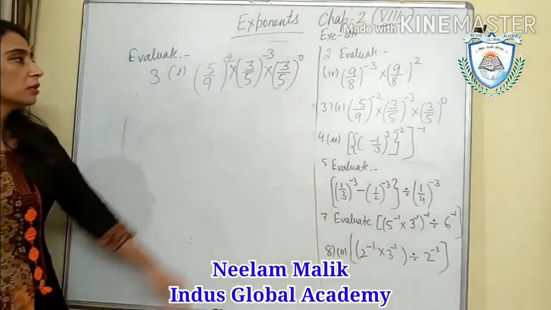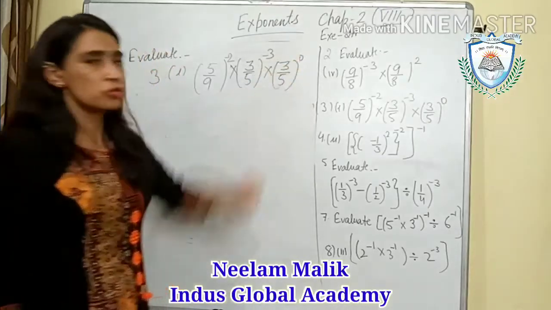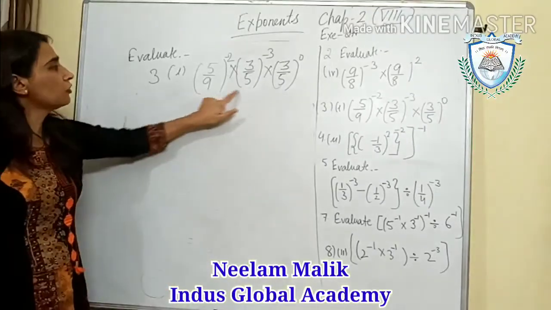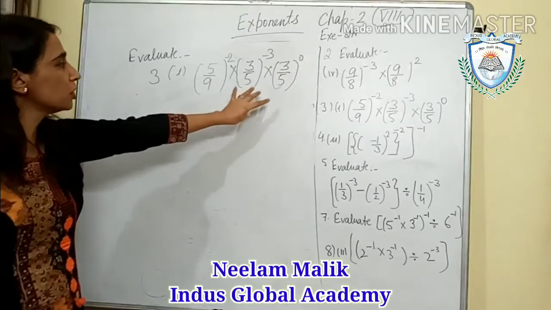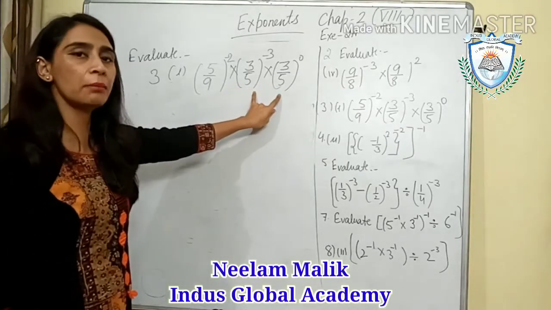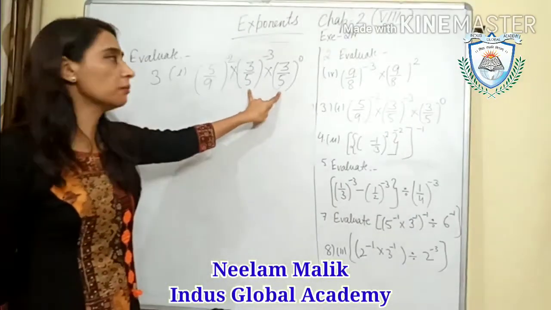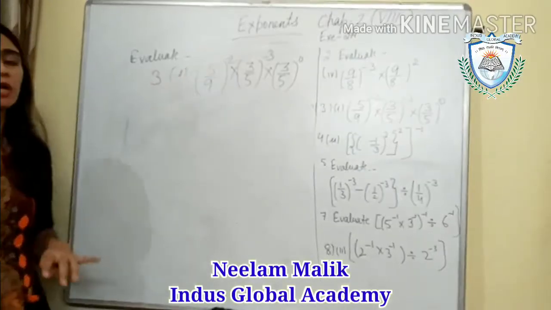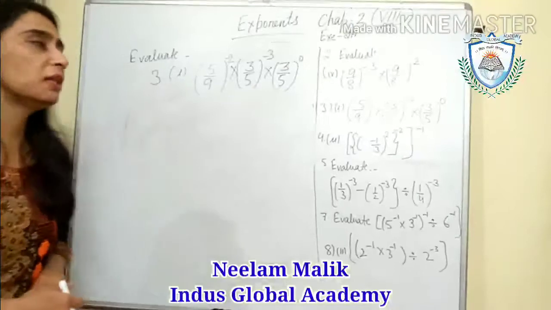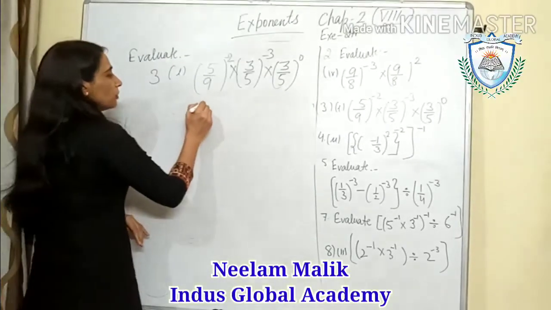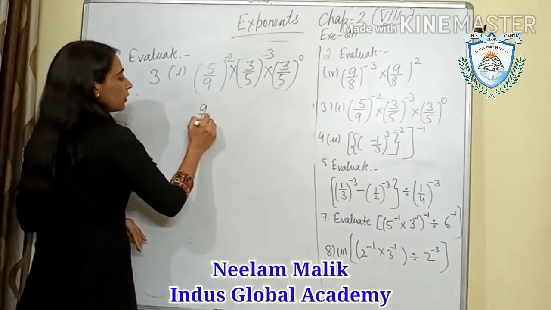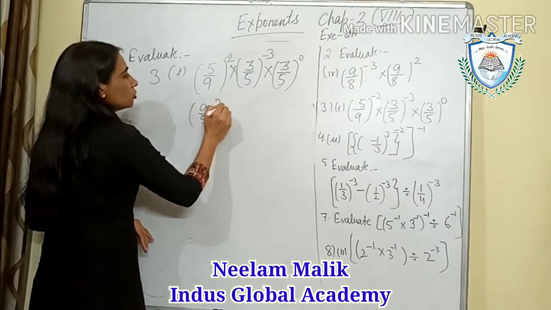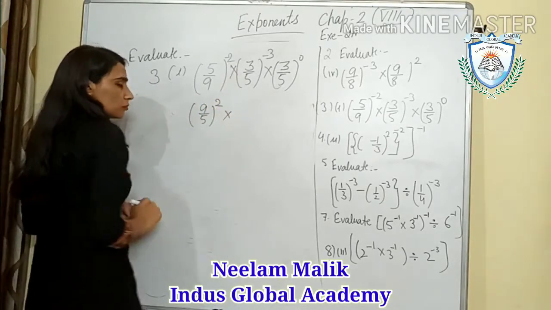So here different numbers are given, but these two have the same base. Okay. So the first power is negative. I'll make that positive. So it will be 9 upon 5 and the power will be 2, into.